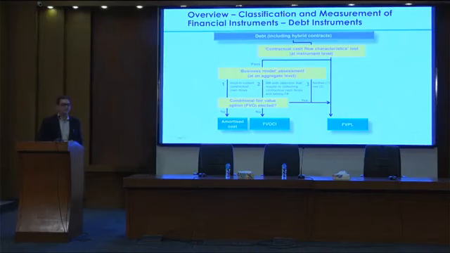What is interest? Interest can be broken down into two components. One is the time value of money, and the other is the credit risk premium that you charge for the credit risk that you undertake for that debt instrument, plus some administrative cost element also.